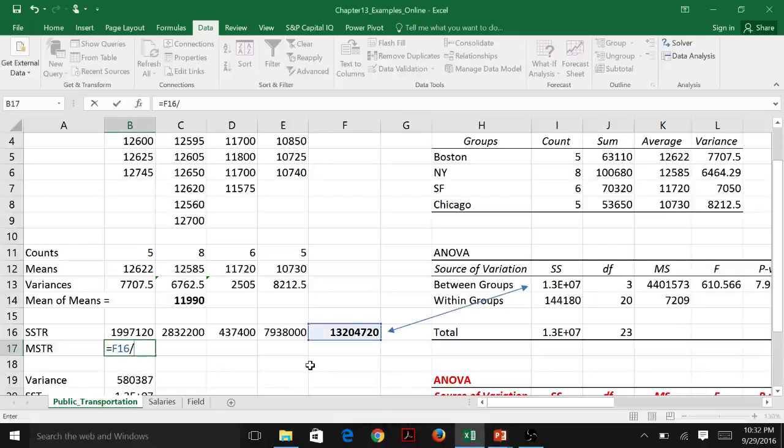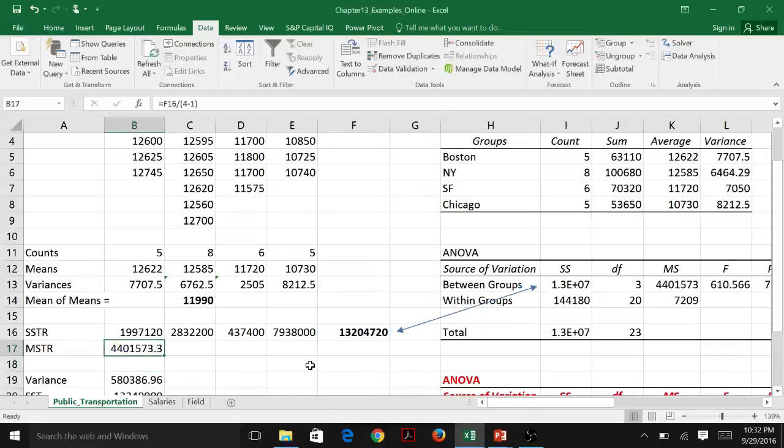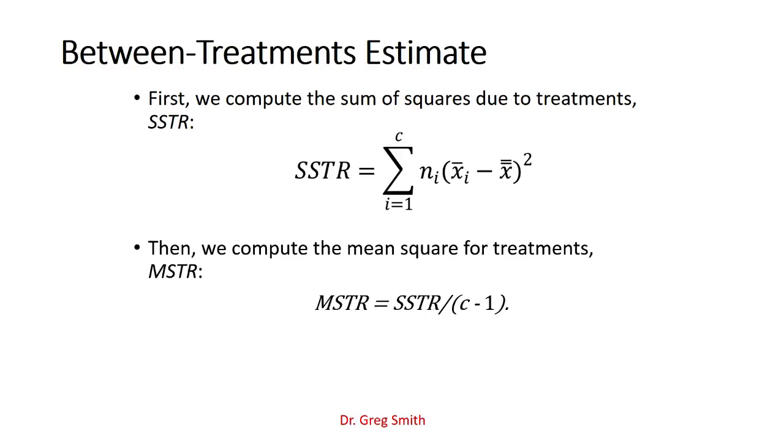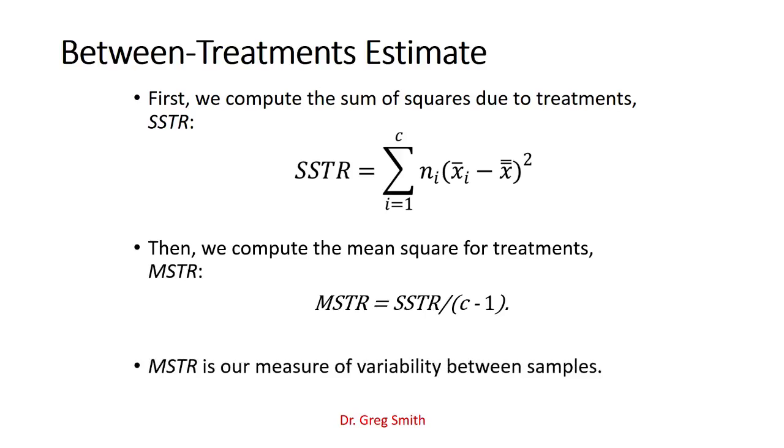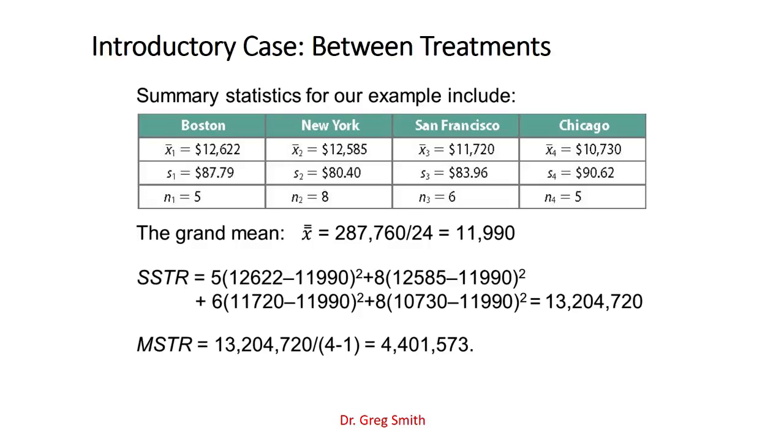We have a total of 4 minus 1, and that's how I get a value for the mean square due to treatment. This is variance. Mean squares due to treatment is a variance number. That number is the numerator to the F statistic we'll calculate once we generate the mean square due to error.